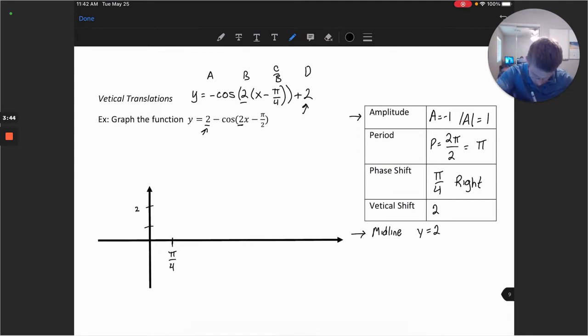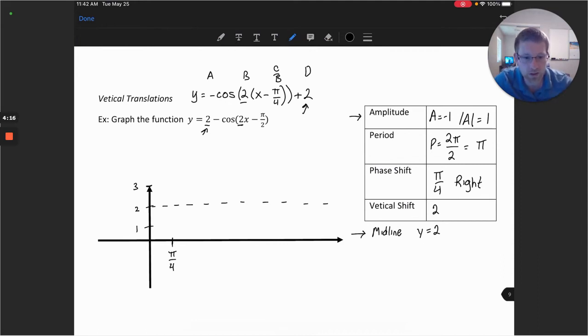And I'll do a nice dotted line here to show where my new midline is going to be. And I'll put a value of 3. So notice that our graph here, since it's going to have an amplitude of 1, is going to have a range from 1 up to 3. Since our midline is at 2, we're going to go 1 unit above and 1 unit below that midline.